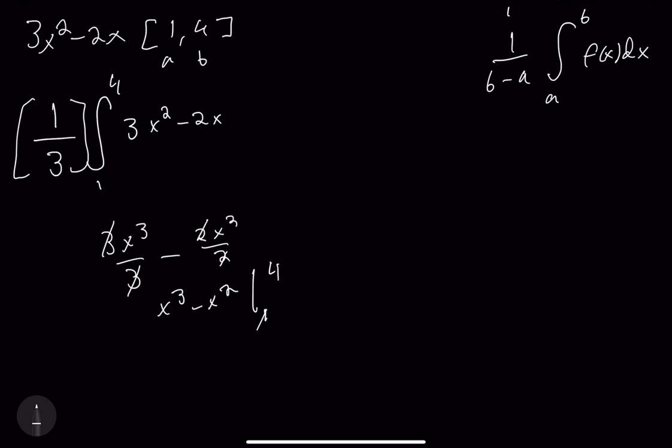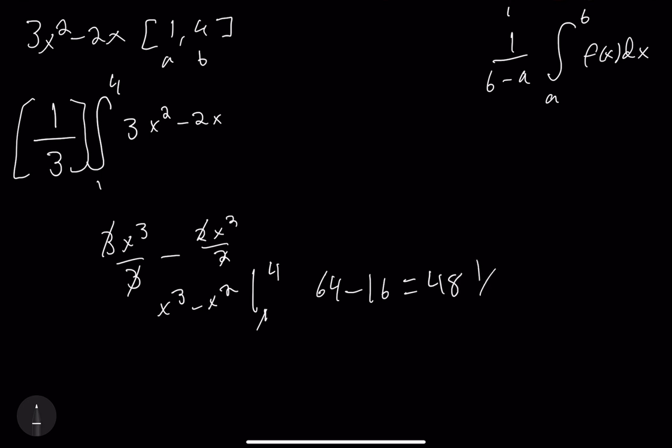So now we just need to find the 4. 4 squared is 16, which is what you'll be minusing by. 4 cubed is going to be 64, minus 16 is 48.